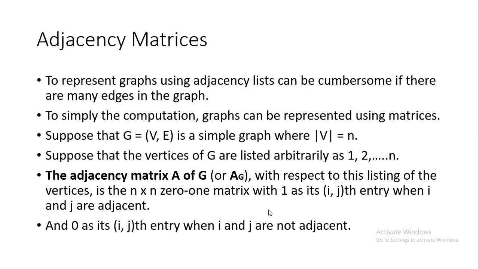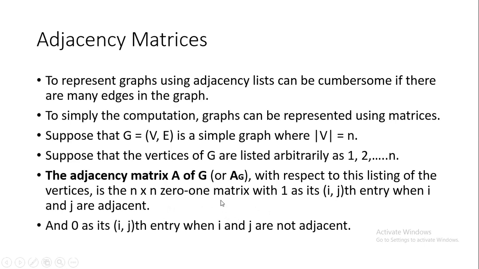Then the adjacency matrix A of G, or we can say A_G, with respect to this listing of the vertices is the n × n 0-1 matrix with 1 as its ij-th entry when i and j are adjacent.